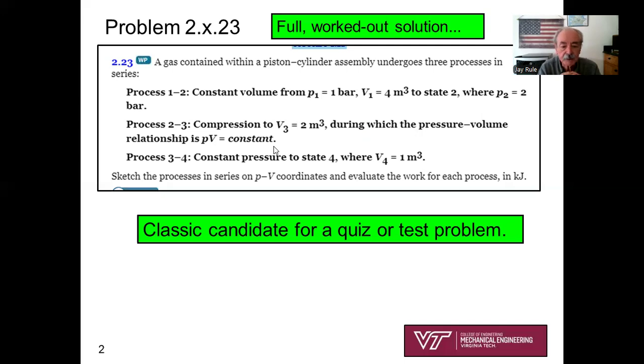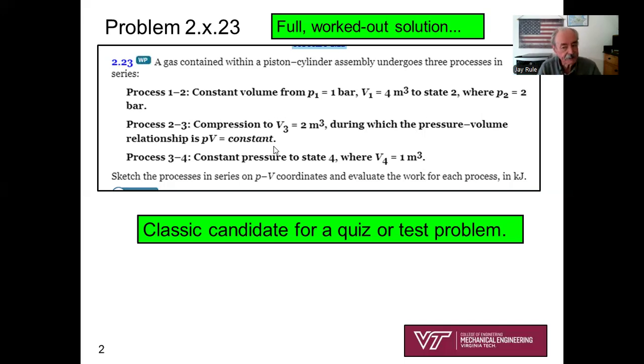Now, finally, process 3 to 4, we start at state 3, end at state 4, and it's going to be a constant pressure process where the final volume is 1 cubic meter. Okay, and what's the assignment? It says sketch the processes on a PV diagram. You should be getting very familiar with how to do that, and also numerically evaluate the work done for each process in kilojoules.